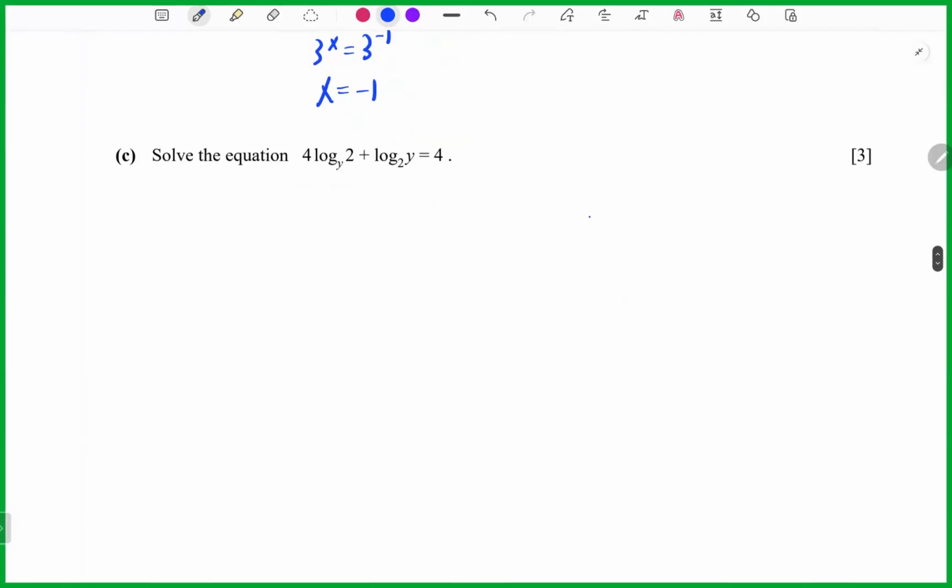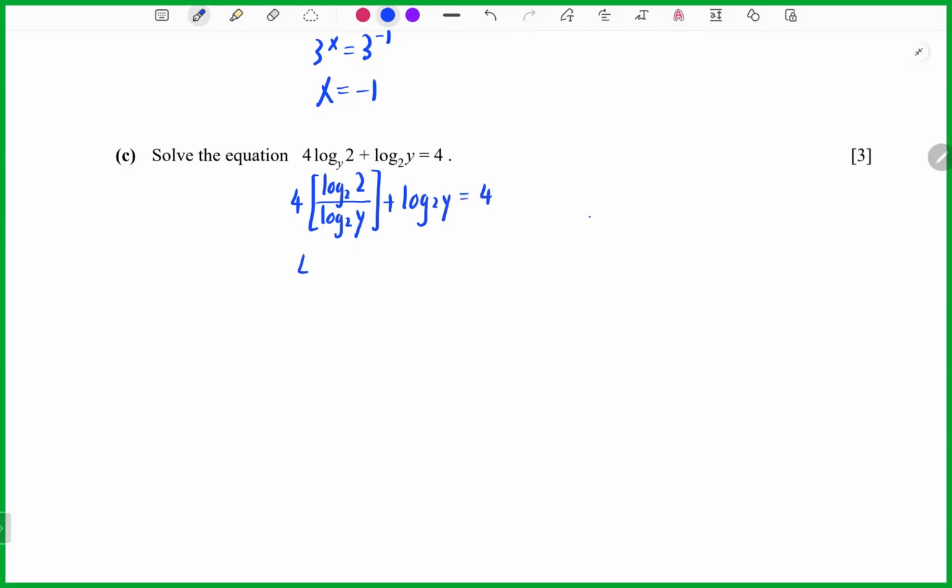Let's see the question. Solve the equation log base y of 3 plus log base 2 of y equals 4. So I can change the base first. Is 2 plus log base 2 of y equals 4.